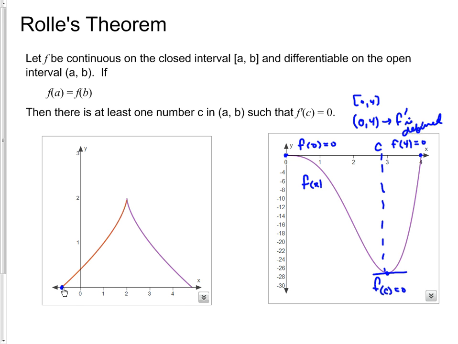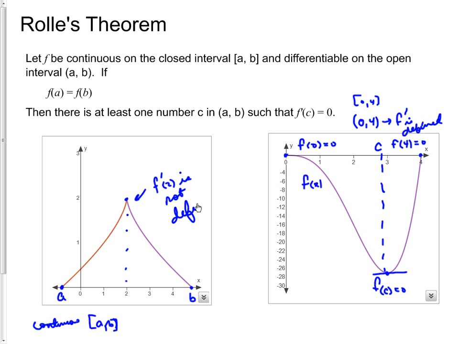Now, the function must be continuous and differentiable on the open interval. Right here is an example where this is not necessarily the case. If we have 2 points a and b here on the function, this particular function from a to b is certainly continuous. However, there's a problem at the point 2 right here, because if we go up to this value, this point is a point where the derivative is not defined.